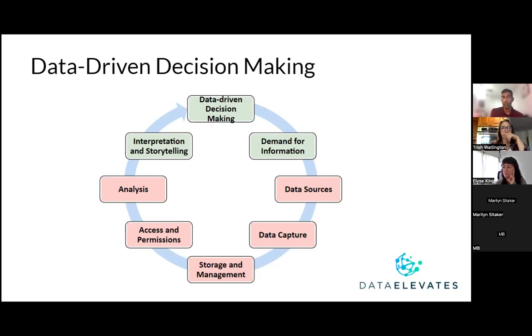And then interpretation and storytelling, that's just communication. That's often needed if there's more than one person. Maybe making a chart to show your insights is not necessary, but it could be useful even for one person if it's easier to understand the insight you're trying to see. And then inevitably what you're trying to get to is this decision, which is that very top, right?